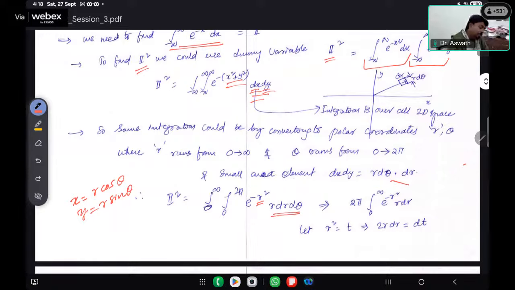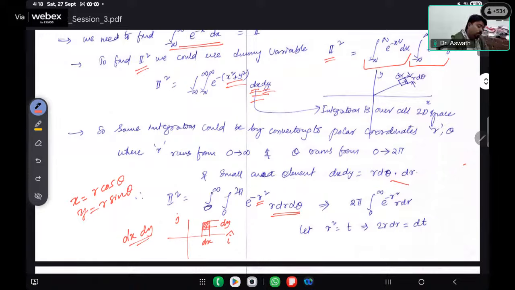What I mean is, dx into dy is a small area element in the Cartesian coordinate system, where this is i and this is j. So this quantity is dx and this quantity is dy. So we are actually finding a small area element.